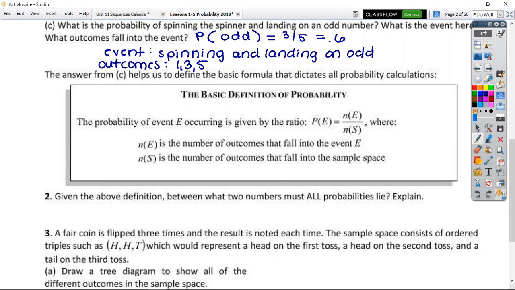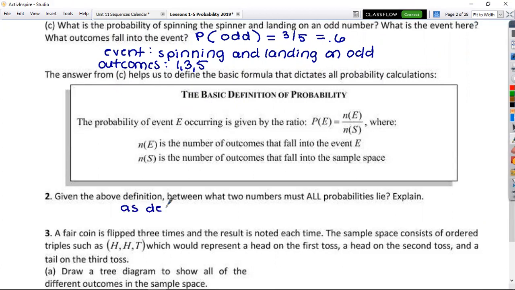So probability as a decimal always must be between 0 and 1. 0 being impossible to occur, and 1 being certain to occur. So 0 and 1.